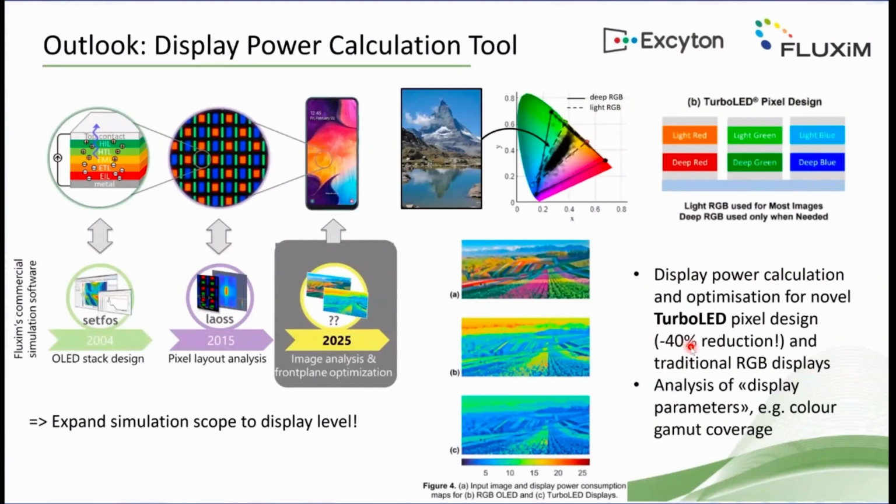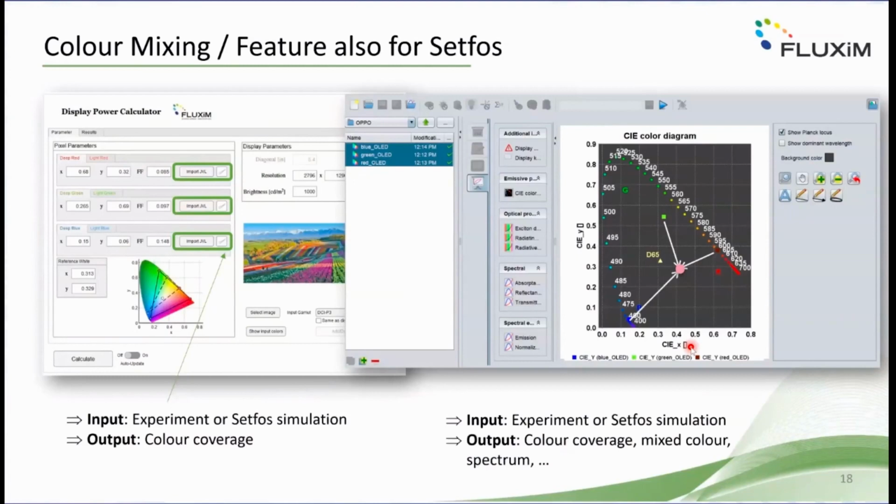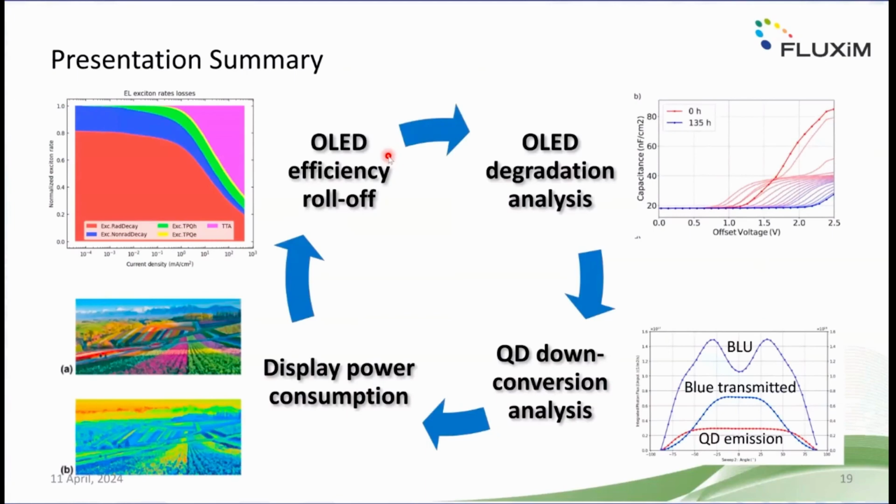So this is an outlook of what this calculation tool can be useful for. And this is a glance at the GUI, graphical user interface, of this display power consumption tool, which can also import JVL data that is simulated with ZFOS. And in ZFOS, you can then look at more details of these primary RGB colors that are used for the subpixels. With this, I'm finished with my presentation.